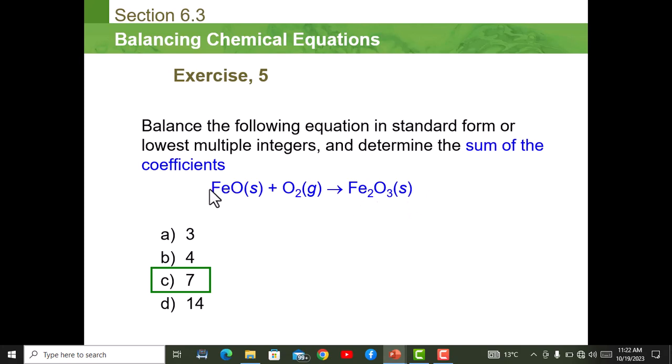Now let's check what is happening here. So we have 1 Fe, we have 2. There's a problem here, very important, so we will have to put in a 2 here. So when we put in a 2 here, we now have 2 oxygens plus 2 oxygens, which is 4, and on the right we have a 3.